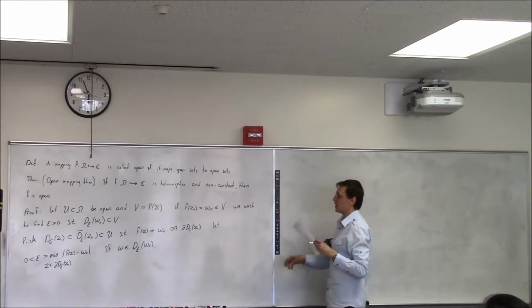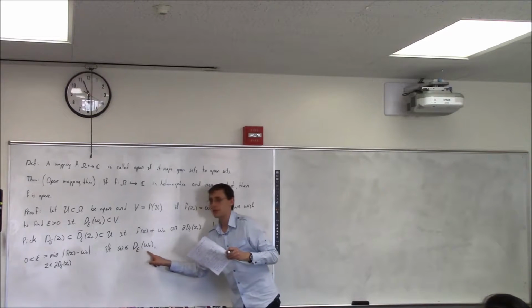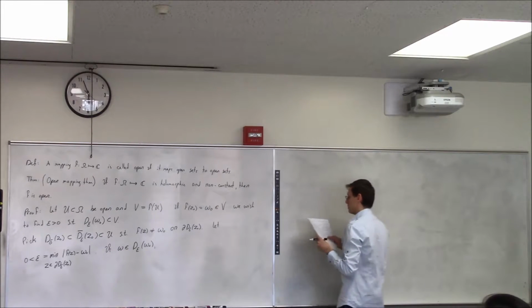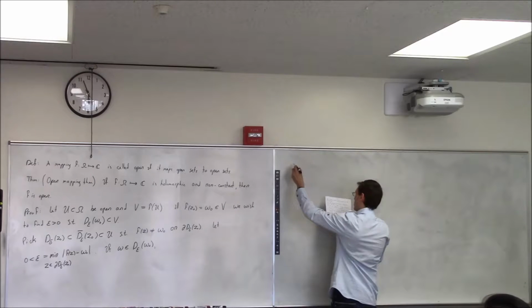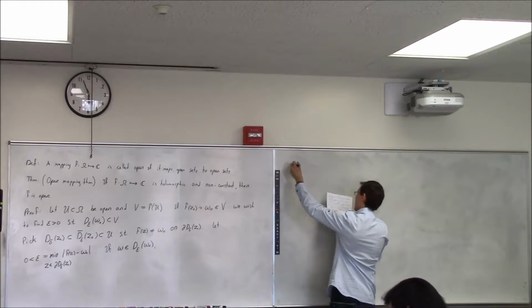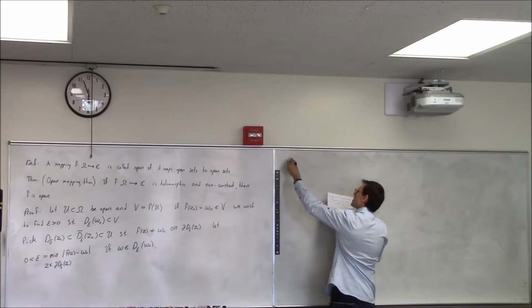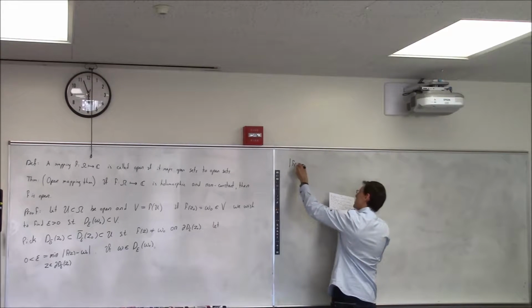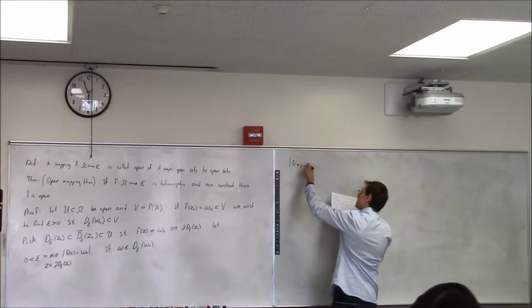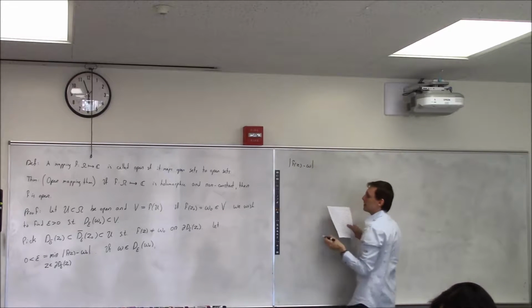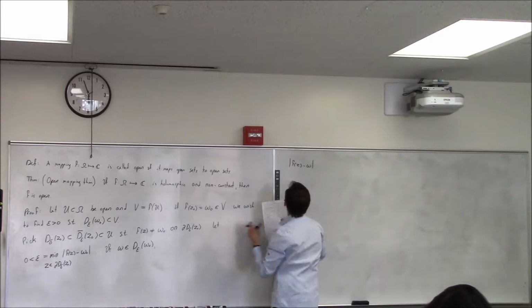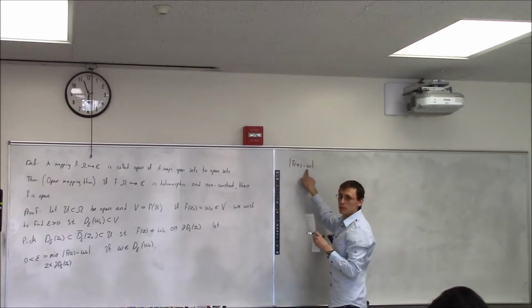We want to know if w is in the image of f. Let's try to see if w is in the image of f. So what we do is we are going to calculate the absolute value of f of z minus w. I want to know if f of z minus w will ever be equal to 0.